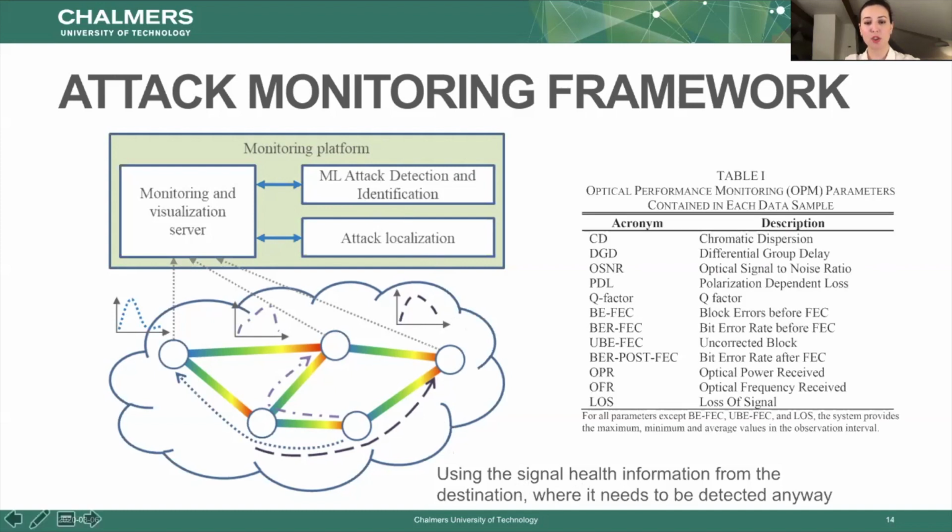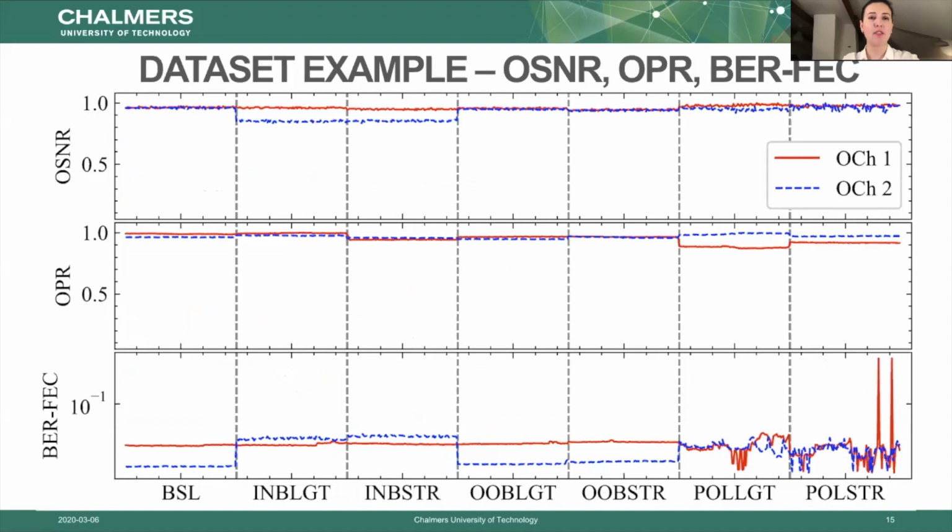We base the approach on processing the data provided by the coherent receivers, which is shown here. And every minute, the receivers provide the minimum, maximum, and average value of these features. Just to give you an insight into what the data set looks like, here we are showing the optical signal-to-noise ratio, the received optical power, and the bit error rate before forward error correction for the 2 channels under test.